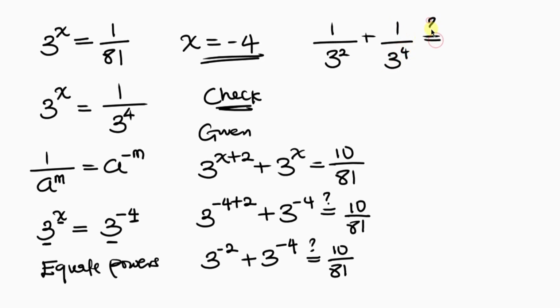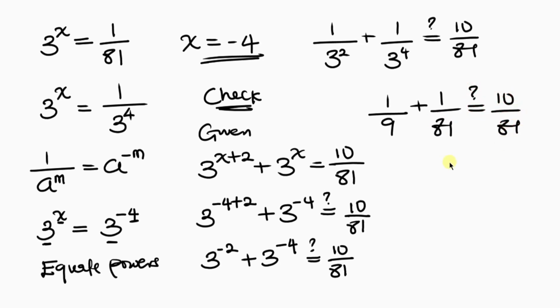Would this be equal to 10 all over 81? Now this is simplified into 1 all over 3 squared is 9 plus 1 all over 3 to the 4 is 81. Now we're trying to see if we get 10 all over 81 as a result.